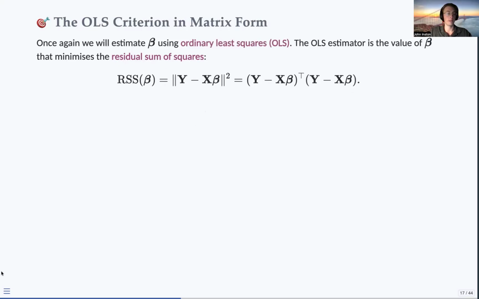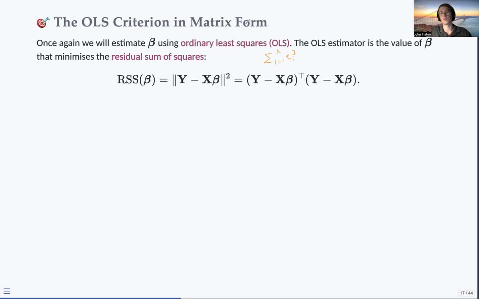If you remember, maybe I can write quickly with my mouse, which is not very professional. From last week, this was the sum from i equals 1 to n of all of the errors squared.